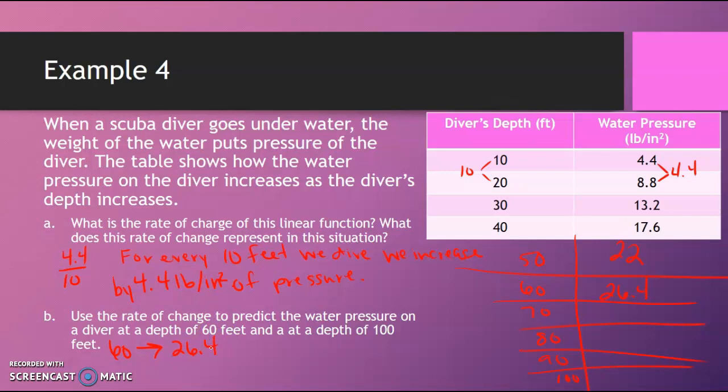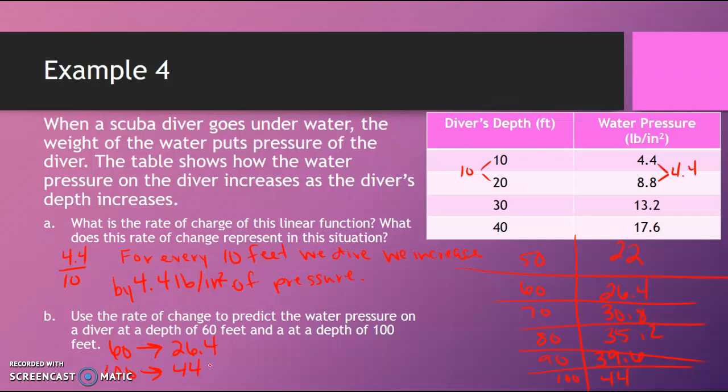Add another 4.4, we end up with 30.8. Add another 4.4 and we get 35.2. Add another 4.4 and we've now got 39.6. Add another 4.4 and we end up with 44. And so that brings us to 100. So for 100 feet, we are dealing with 44 pounds per square inch.